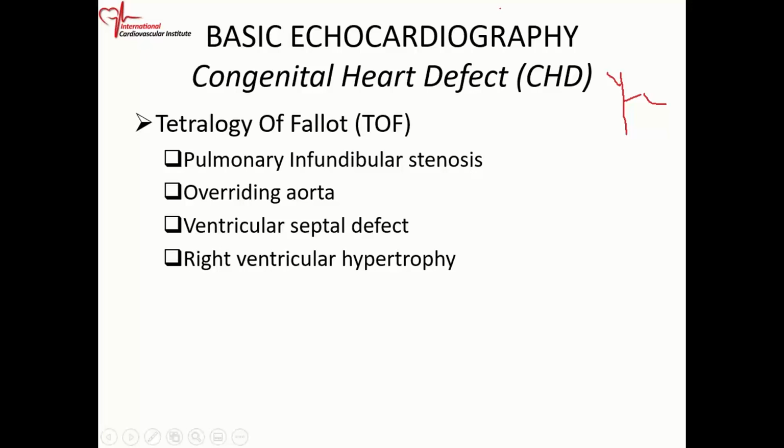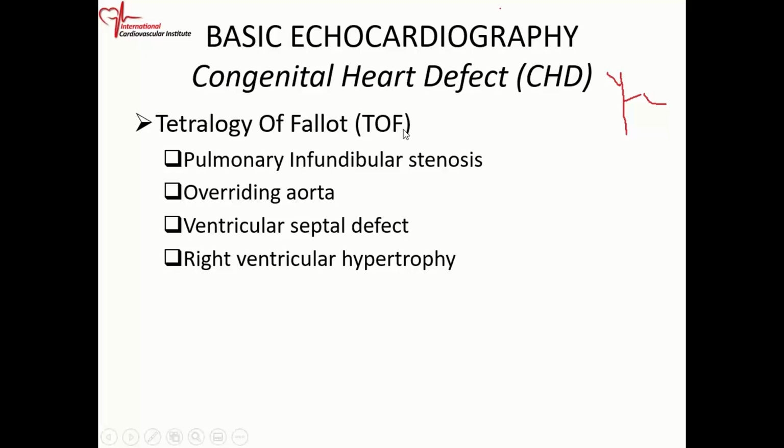Okay, there's stenosis of the right ventricular flow tract. You have an overriding aorta. You have a ventricular septal defect and a right ventricular hypertrophy. Okay, so these are the abnormalities that form the tetralogy of Fallot.